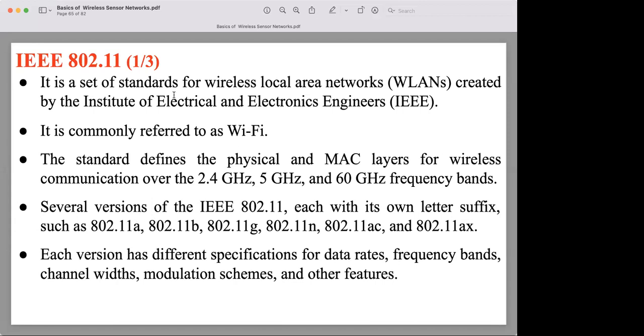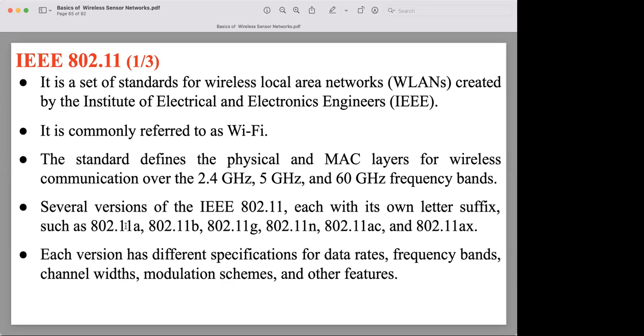This is also a standard for WLAN, and it is created by the IEEE. It works on the 2.4 gigahertz, 5 gigahertz, even 60 gigahertz frequency bands. What is the difference between these A, B, G variants of 802.11? They have different specifications, such as the data rate, which one is the high data rate and which one is the low data rate; the frequency band, whether they use 2.4 or 5 gigahertz; the channel width; modulation techniques; and other features.